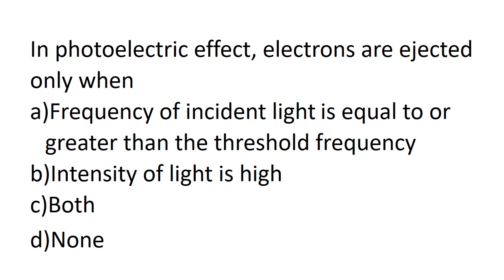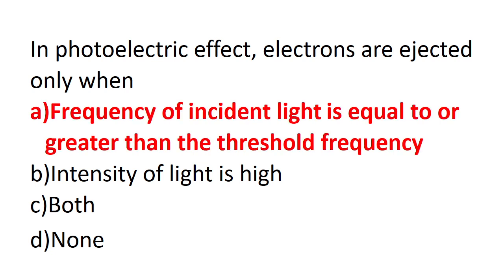The correct option is frequency of incident light is equal to or greater than the threshold frequency. Because if the frequency is high enough, then only the energy of incident light will be high enough. And then the electrons will be removed from the outermost shell of the atoms.